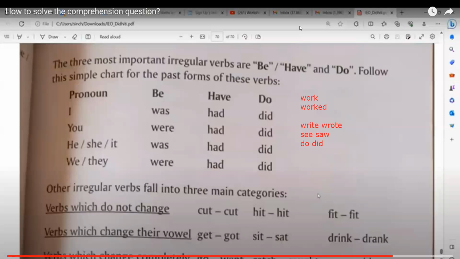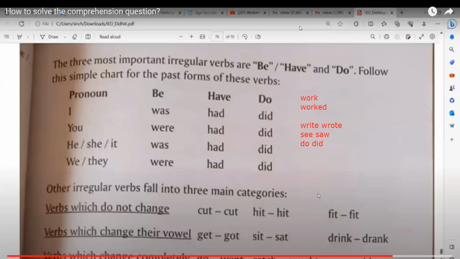Okay, now you tell me, beta. I cut a cake. Very good. Excellent, Rajdeep.